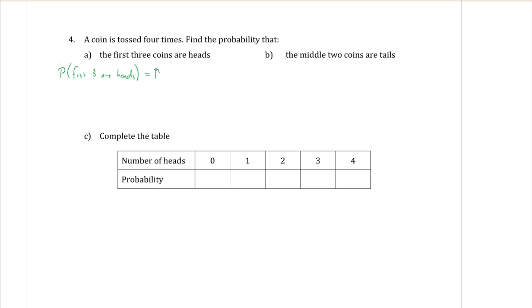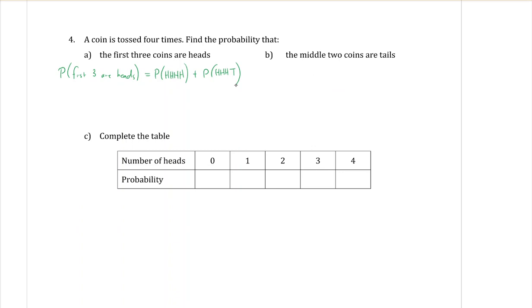It could be head, head, head, head. Who knows? They could all fall. We don't know what that 4th one's going to be. Or it could be probability of head, head, head, and tail. Both of those options for 4 tosses of a coin have the first 3 being heads and the last one is up in the air as to what. Doesn't matter what that last one is.